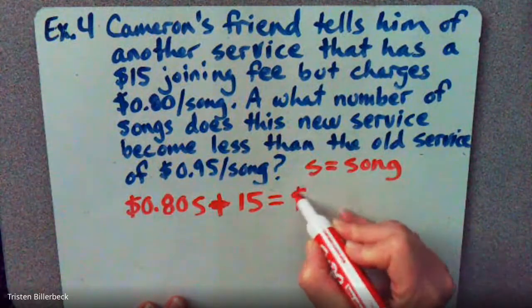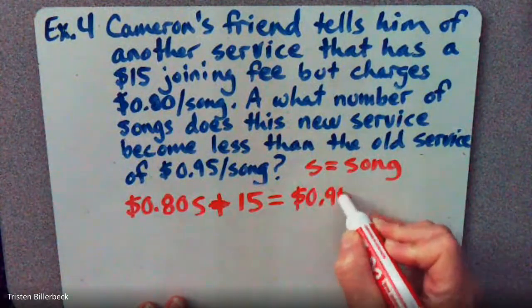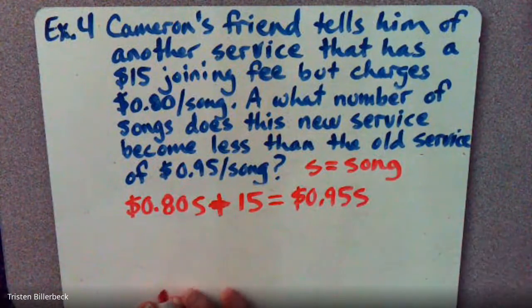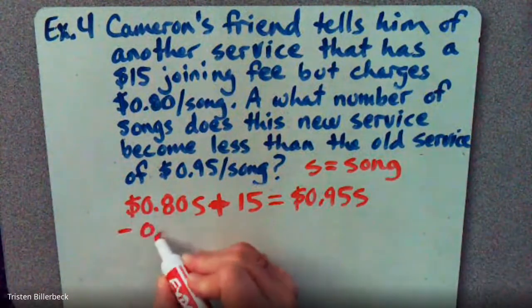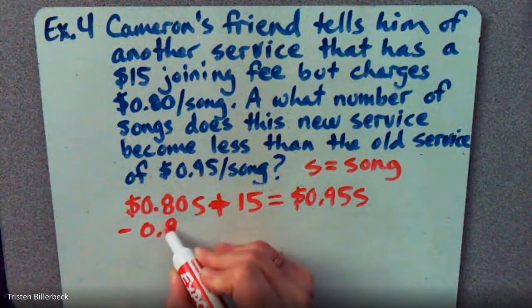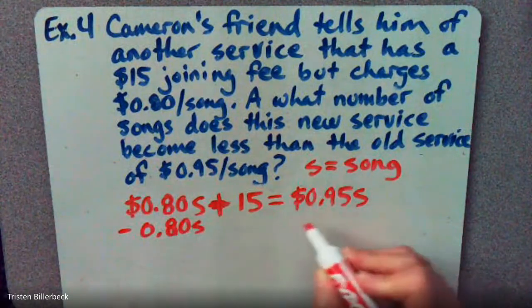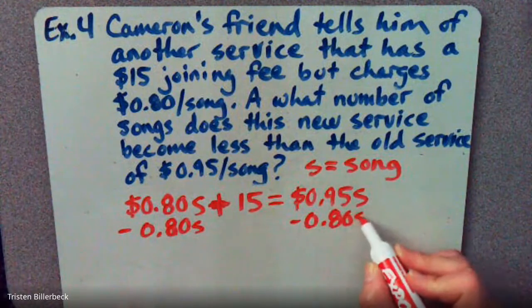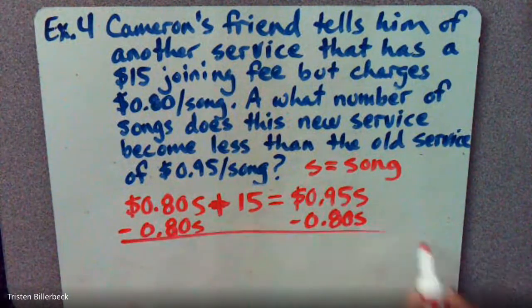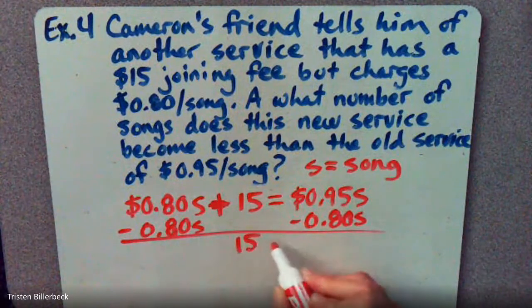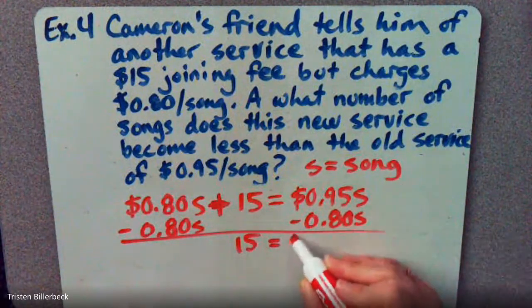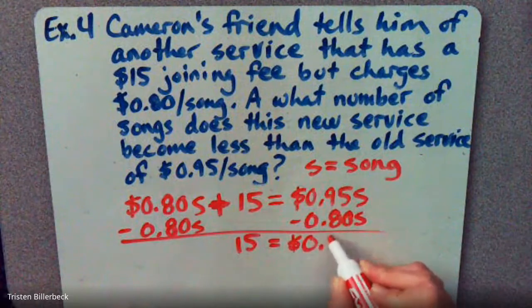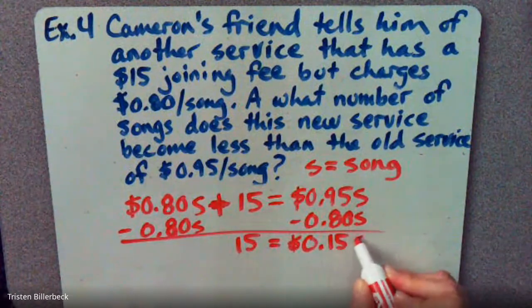So now I have 95 cents times the song. So I move this over to the other side. And this is 15 equals, and then this is going to be 0.15s.